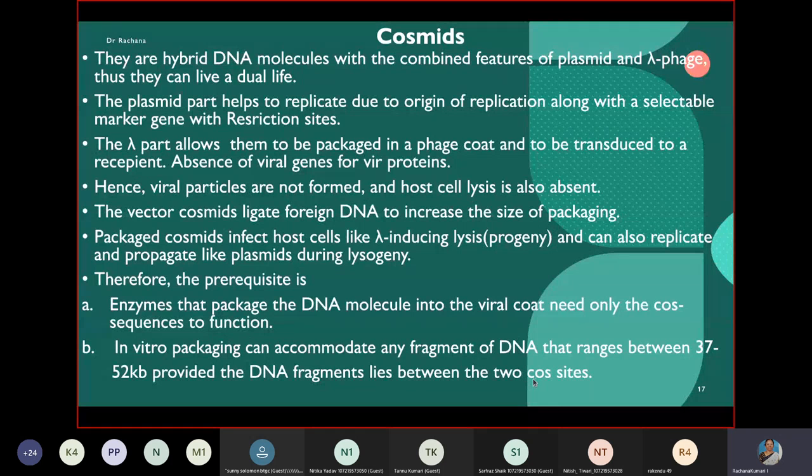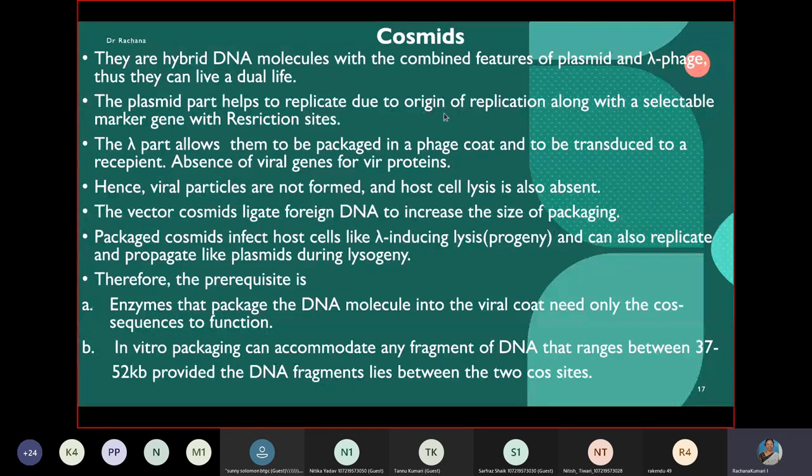Near its vicinity, the selectable marker genes are present, and if such genes incorporate, this can also help us in selecting using the strategy of antibiotic susceptibility or the property of resistance.